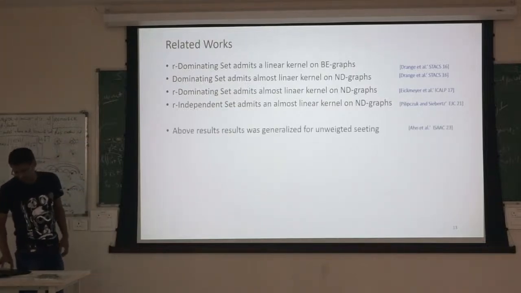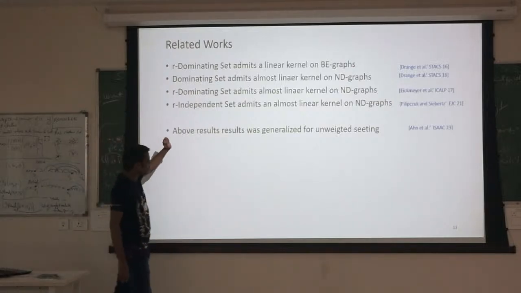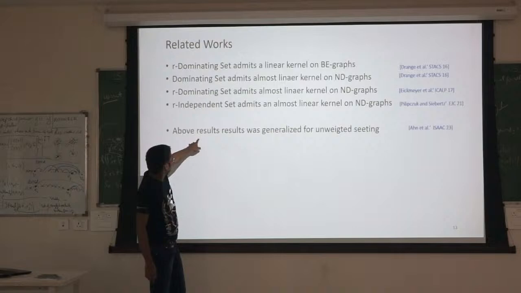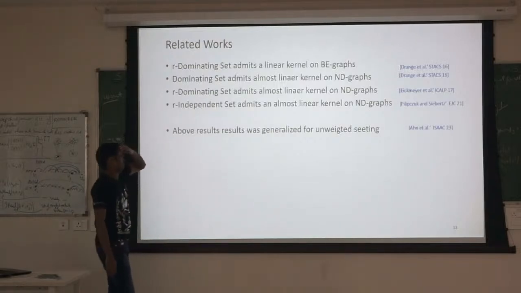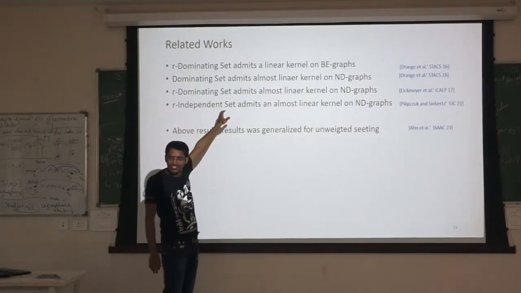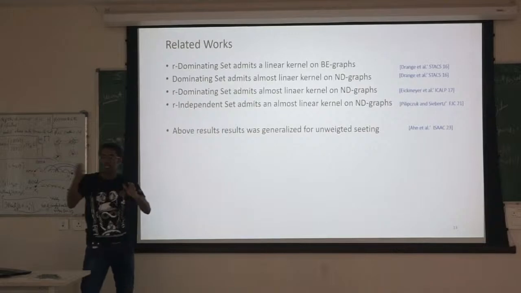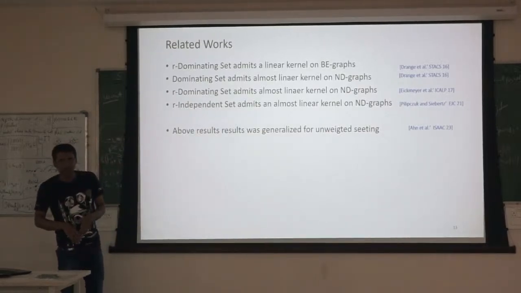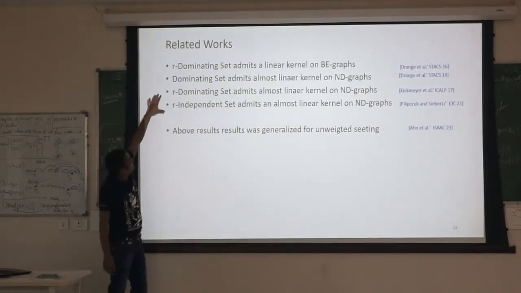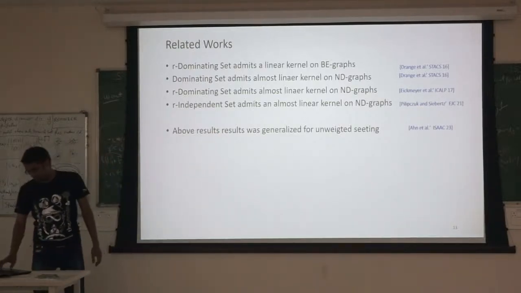All of these were generalized, in the sense that a more general problem, packing or fitting of the pattern, was studied. Let's not go into details, but all these things were generalized by Ahn et al. at ISAAC '23.